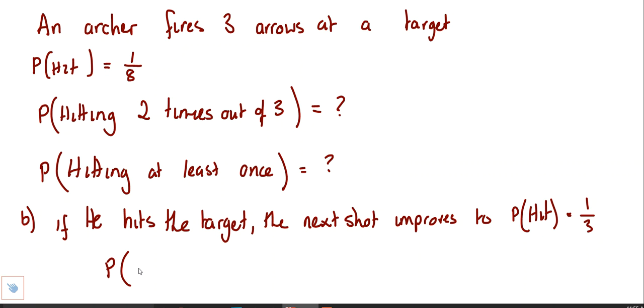What is the probability of hitting twice?